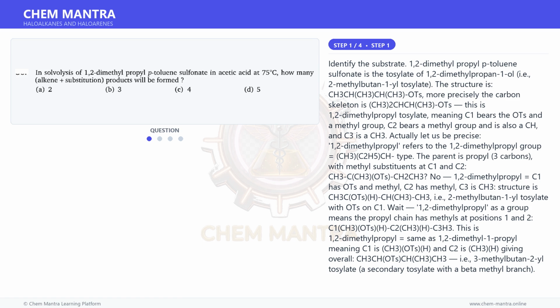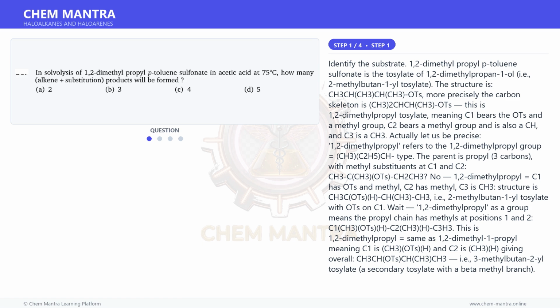No, 1,2-dimethylpropyl means C1 has OTs and methyl, C2 has methyl, C3 is CH3. The structure is CH3CH(OTs)CH(CH3)CH3, i.e., 2-methylbutane-1-ol tosylate with OTs on C1.